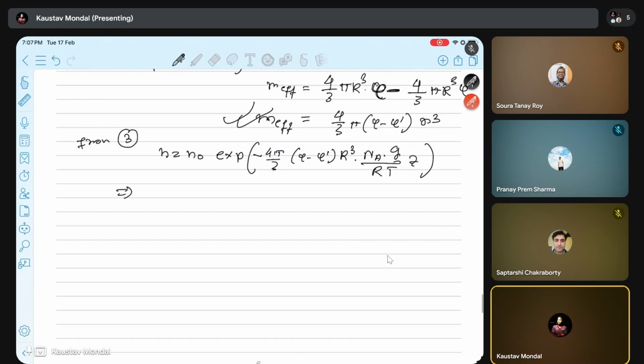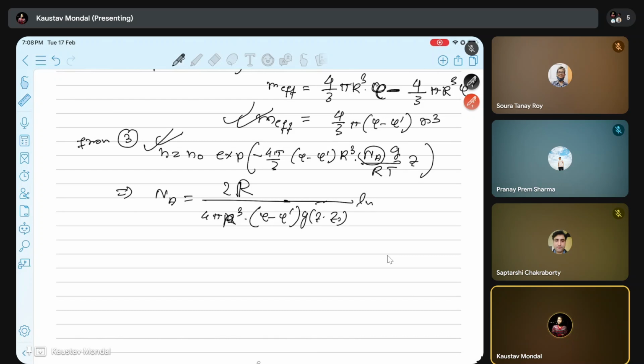You can write it in different ways, and from this equation you can actually calculate the Avogadro number. So Na is basically 3 RT over 4 pi r cube (rho minus rho prime) g z, times ln of n naught by n. These are two different r's: one is the gas constant R, and the other is the radius.